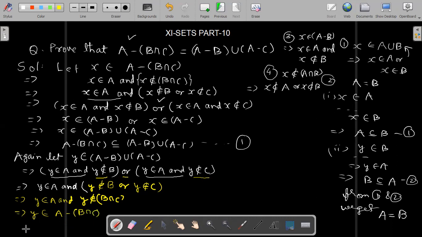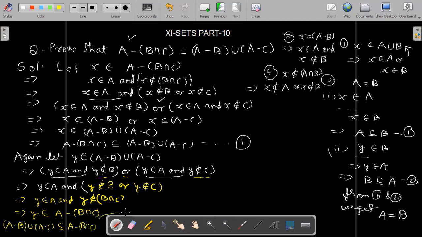So you can see that this is a subset of this one. So we prove that (A minus B) union (A minus C) is a subset of A minus (B intersection C).